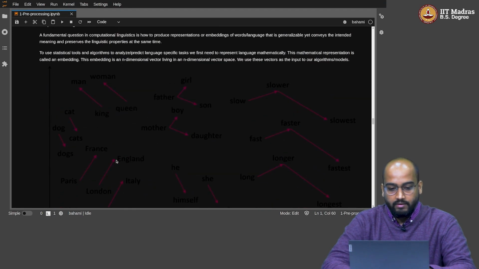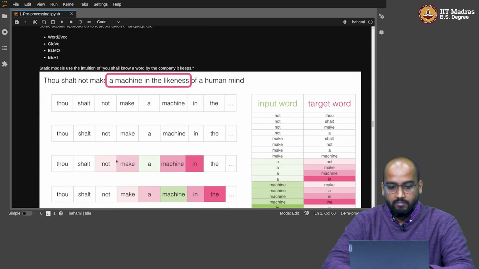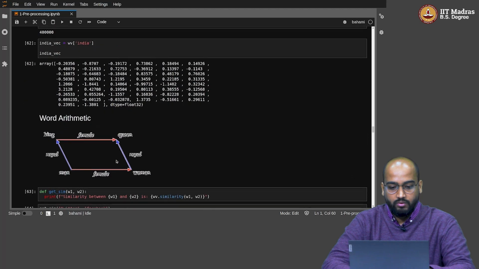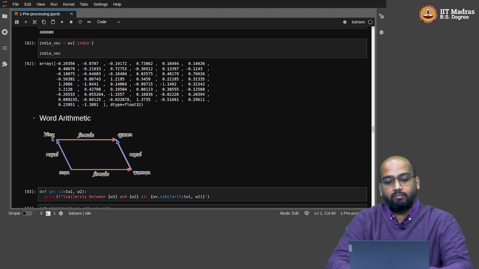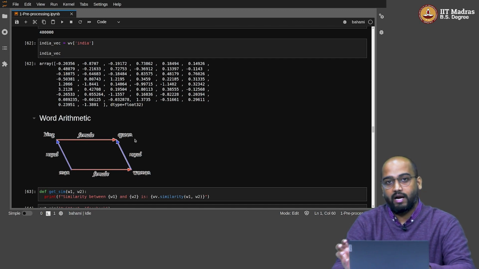The reason why these became very famous is because you could do arithmetic like this, right? You have a word vector for king, a word vector for man, a word vector for queen, and a word vector for woman. So if I were to ask a simple question: king minus man plus woman? You have the word king, you're subtracting the word man from it, and you're adding the word woman to it, right?